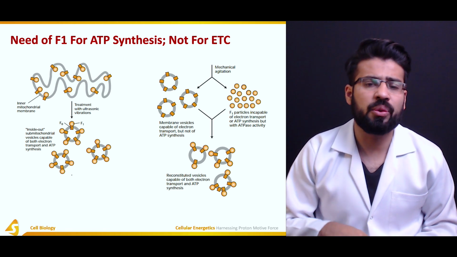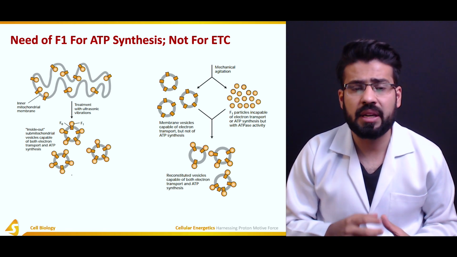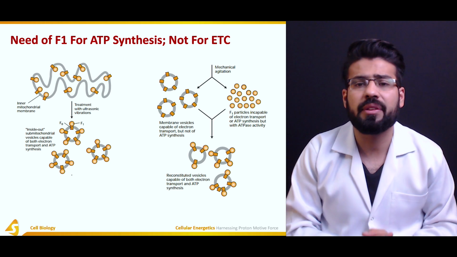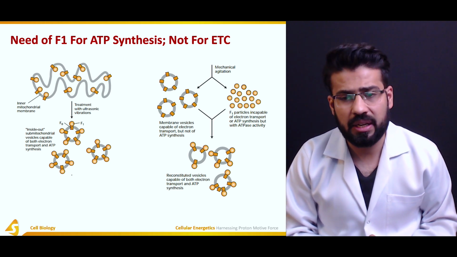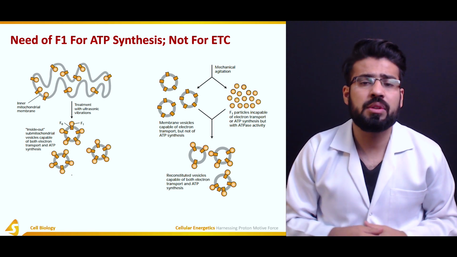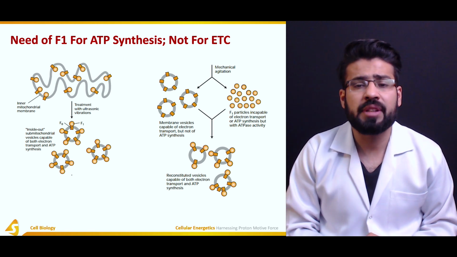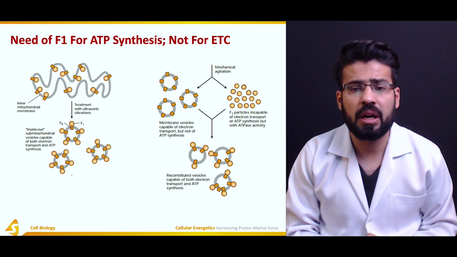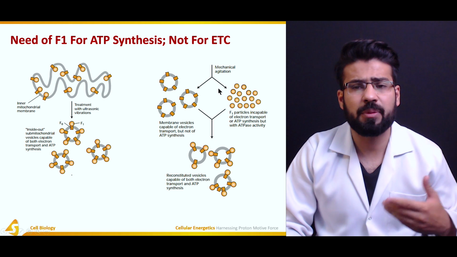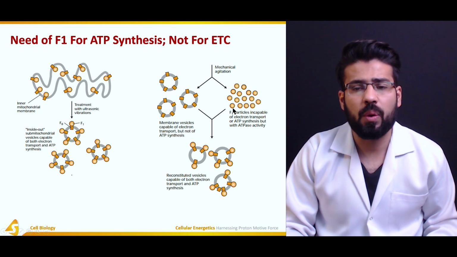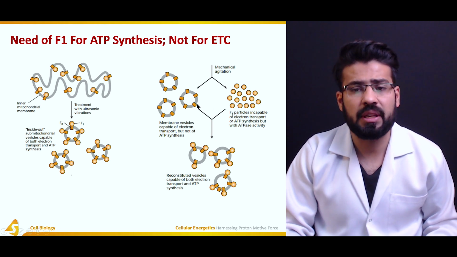Now, what we do is to understand if there is a need for the F1 for the ATP synthesis. So we are going to mechanically agitate. It means that we are going to use force to separate the F1 subunit from the F0 subunit, as shown in this particular portion. As a result of mechanical agitation, the F1 subunit is detached from the F0 subunit.